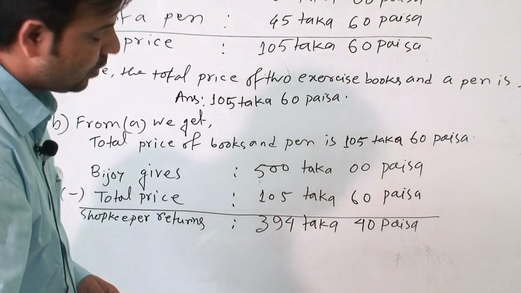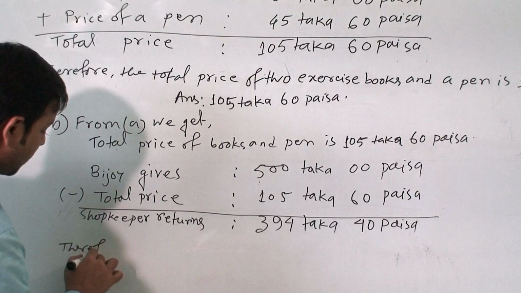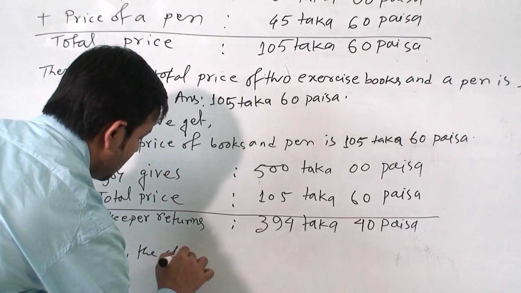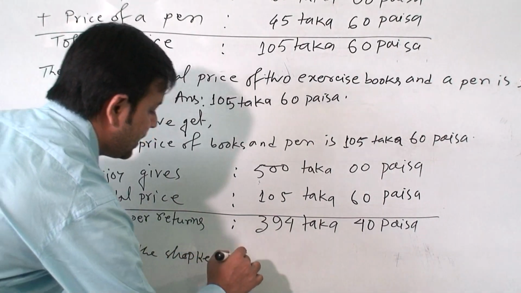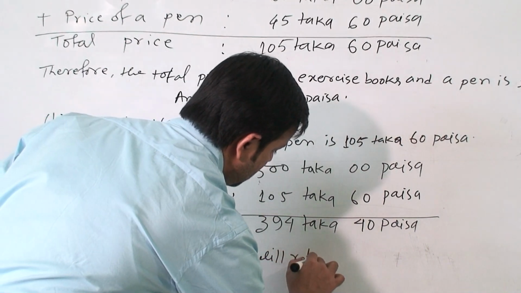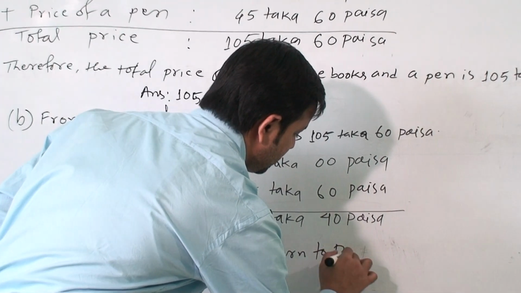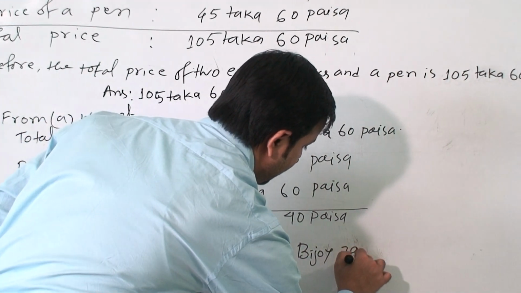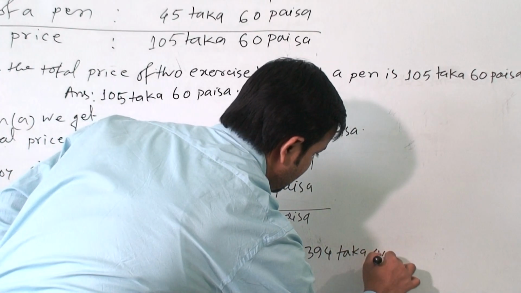So we can say therefore the shopkeeper will return to Bijay 394 taka 40 paisa.